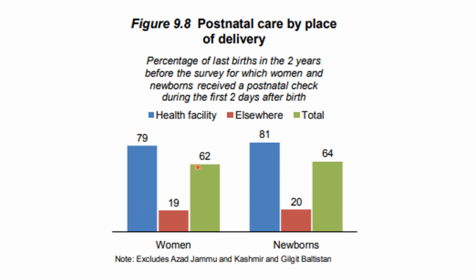So this is the total, 62% of women. This cluster is representing the women, and this cluster is representing the newborns. So they are showing us if the woman had a postnatal visit, or if the newborn baby had a postnatal visit.